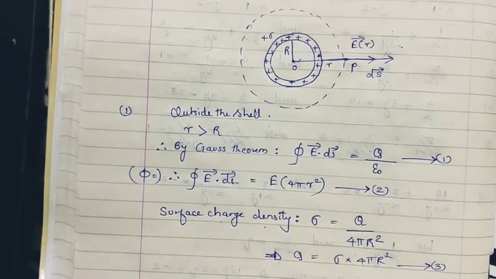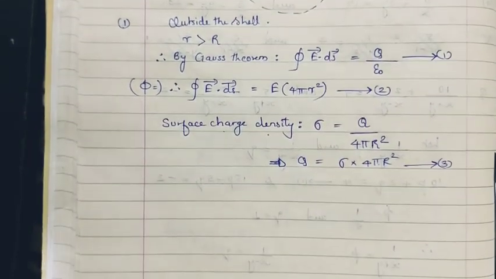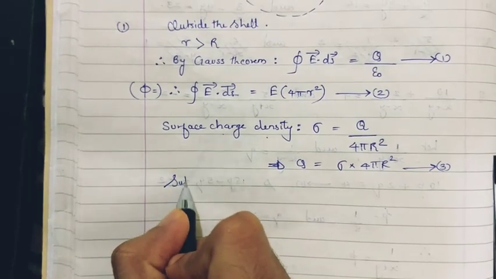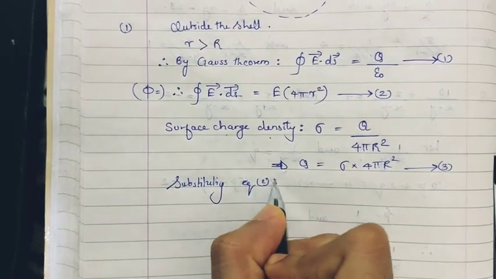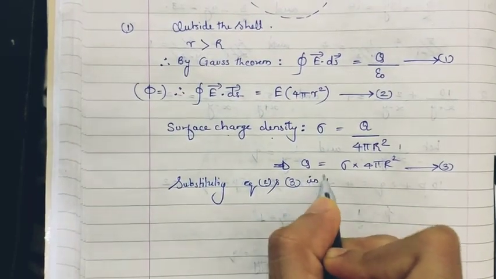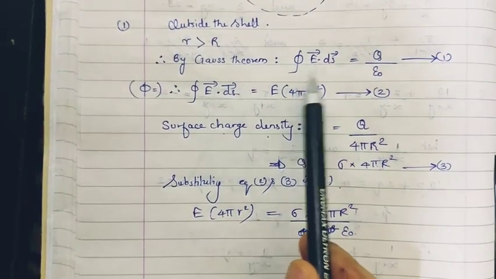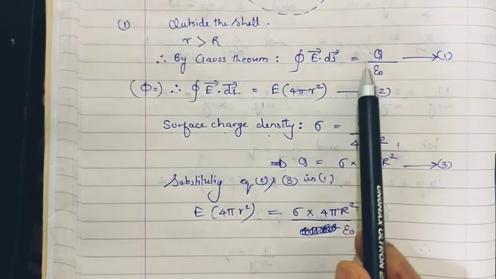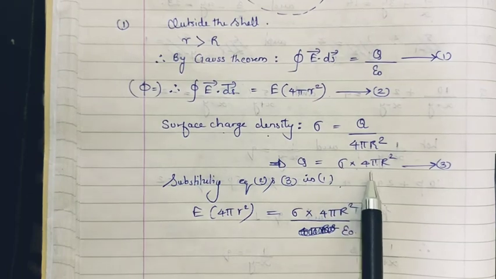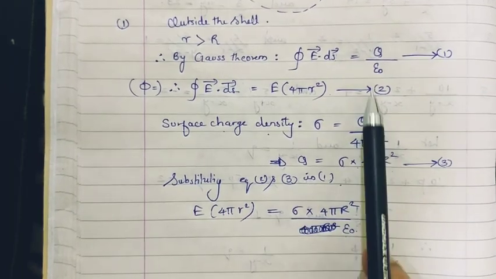Now let us substitute equations 2 and 3 in equation 1. Substituting, what we have got is the flux as E into 4 pi small r square, substituted over here, is equal to Q, which we have obtained as sigma into 4 pi capital R square, upon epsilon naught.